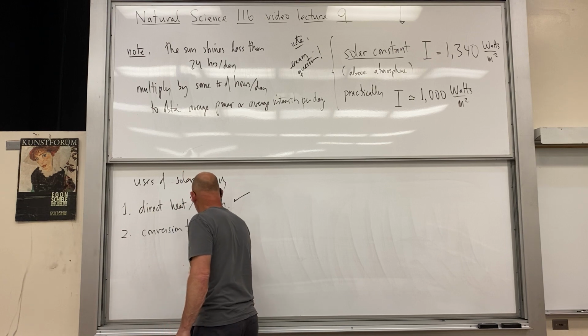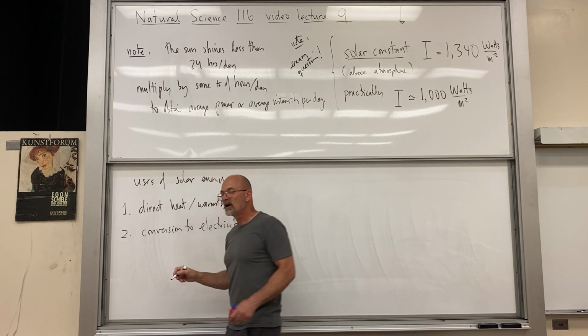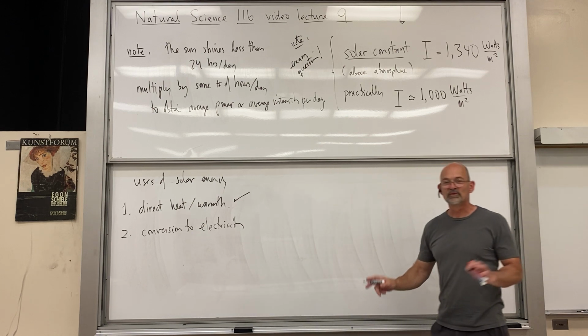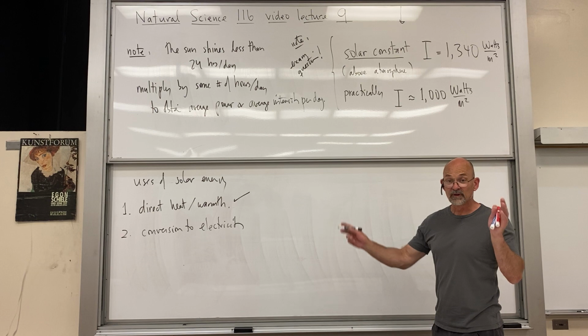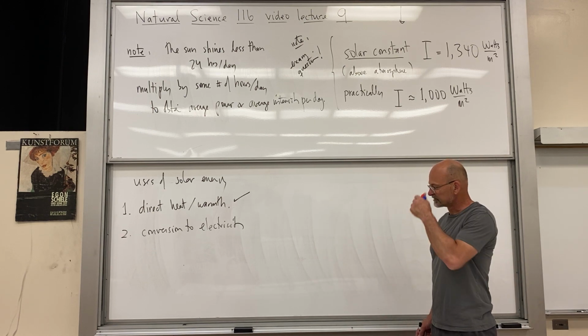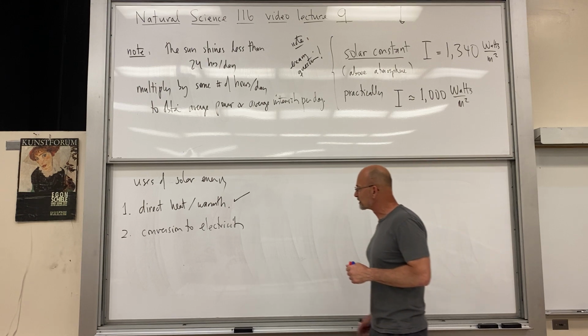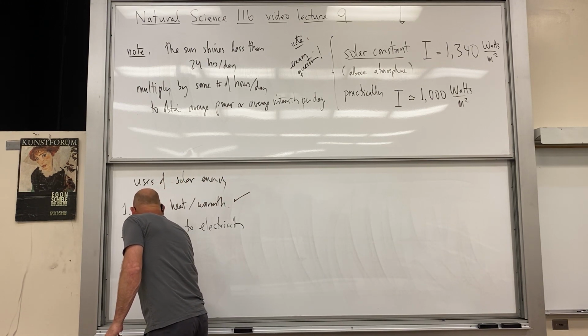because that's become very popular in recent years, and many rooftops have solar panels on them, and some people are even involved in that business. So conversion to electricity happens due to what's called the photoelectric effect.